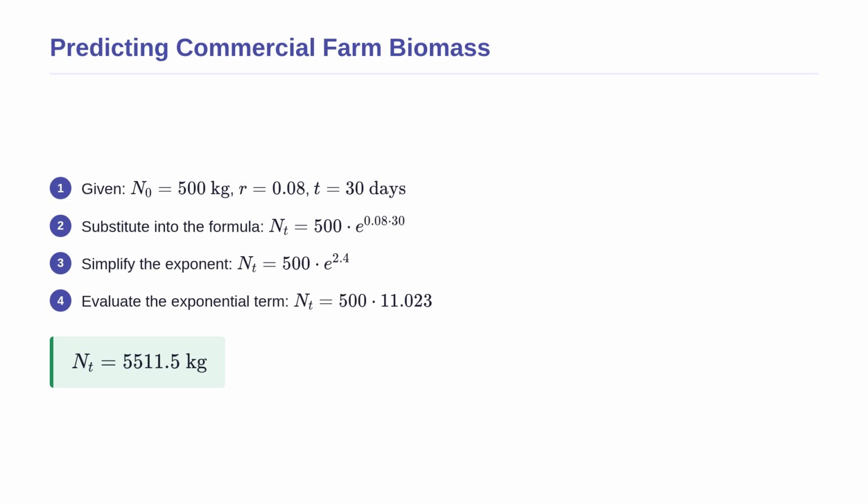We multiply the daily rate of 0.08 by 30 days to get an exponent of 2.4. Evaluating e to the power of 2.4 gives a growth multiplier of approximately 11.023. Finally, multiplying this by the initial 500 kilograms yields 5,511.5 kilograms. This massive increase highlights the incredible economic potential of seaweed aquaculture.